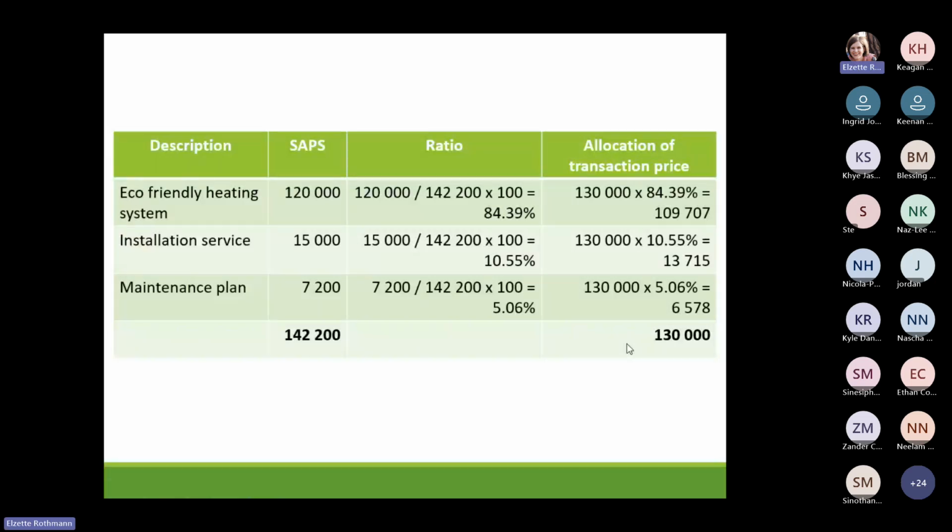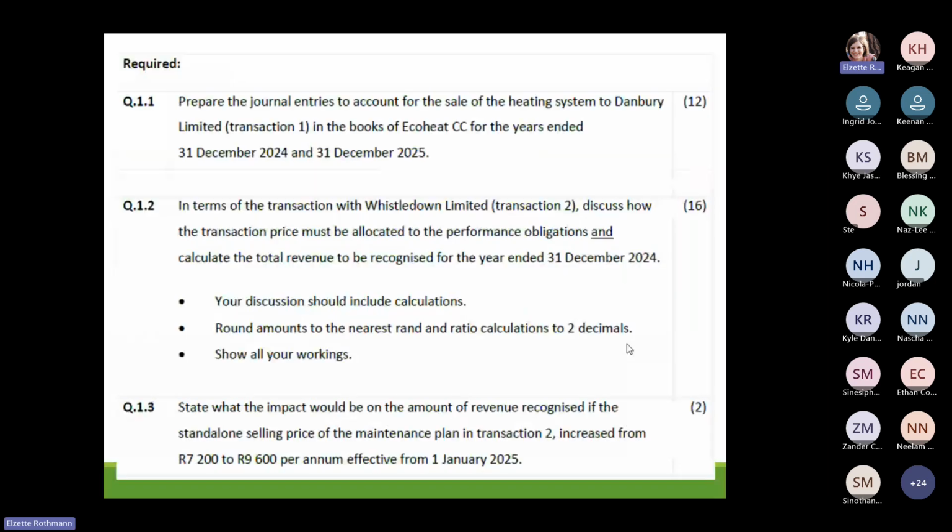The reason for that is, if we go back to 1.3, they ask us if this increase then takes effect from 1 January 2025. Okay. In 1.2, we calculated the revenue up to 31 December 2024. So to this revenue that we've calculated in 1.2, there's going to be no change.